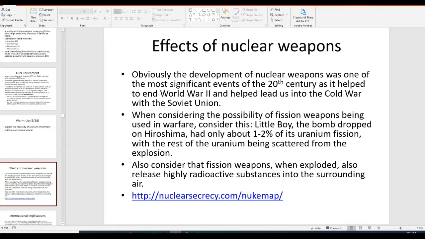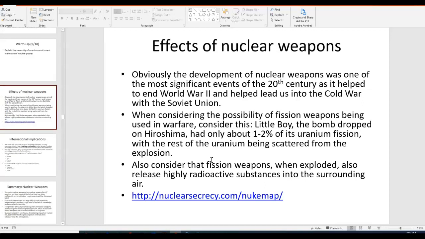Just a really bad situation all around. If you want a visual representation of how dangerous nuclear weapons can be, you can check out this website. Normally I would show that to you in class, but it's not really possible right now, so I would definitely encourage you to check this out.